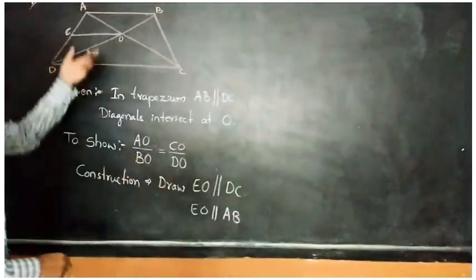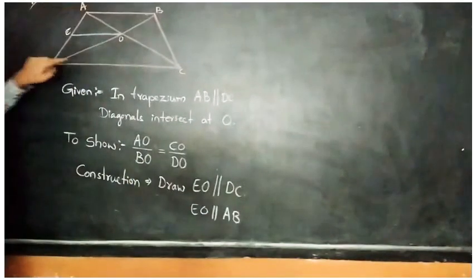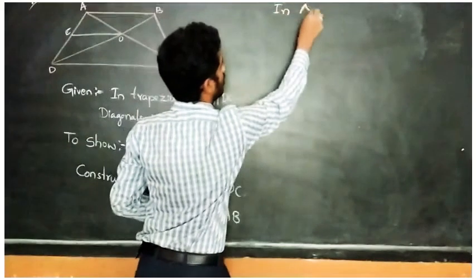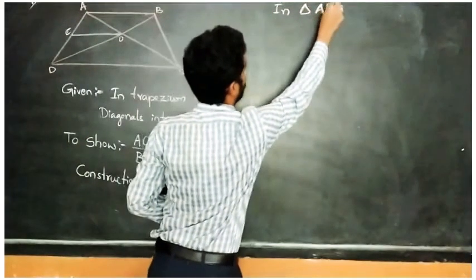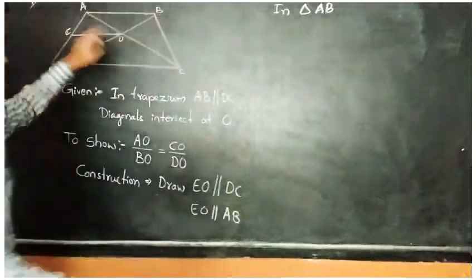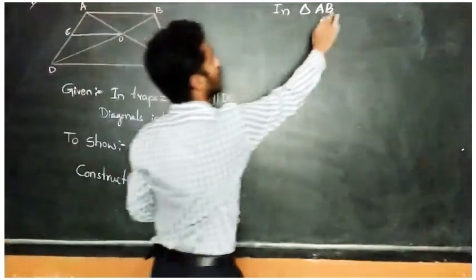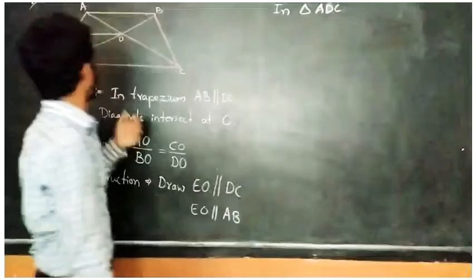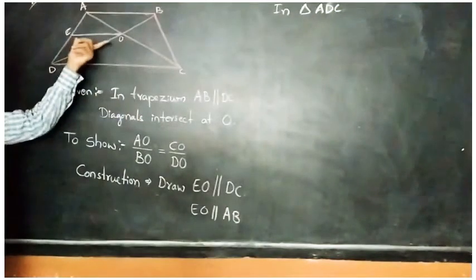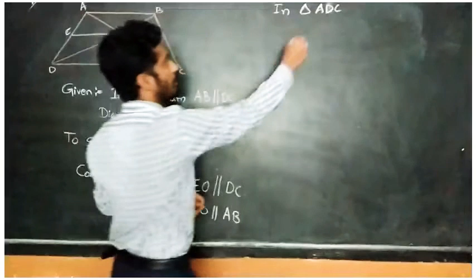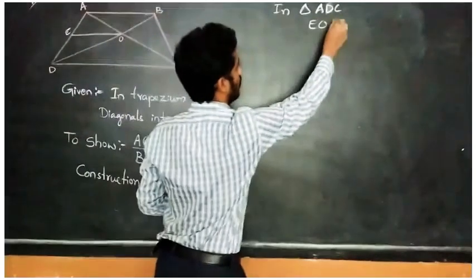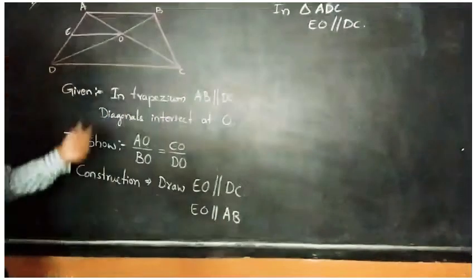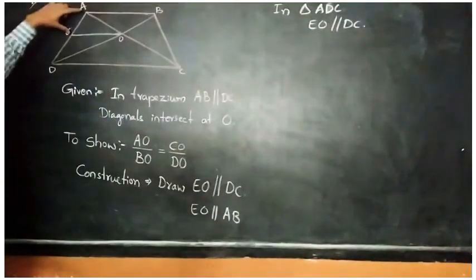So now taking triangle ADC. In triangle ADC, which are the parallel lines? EO is parallel to DC. Then what will we get here?